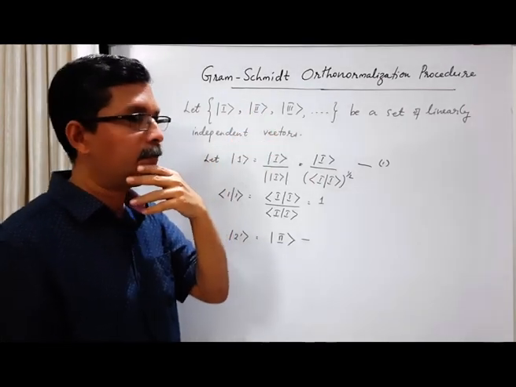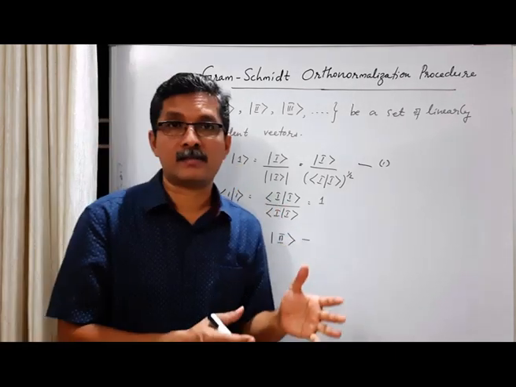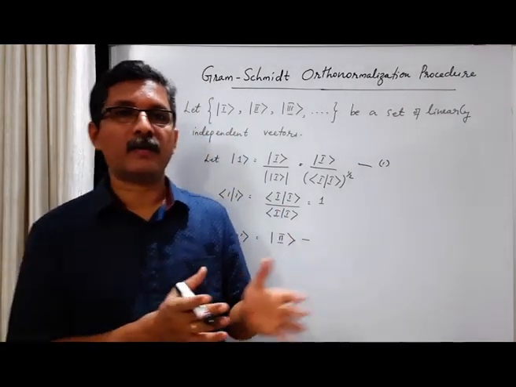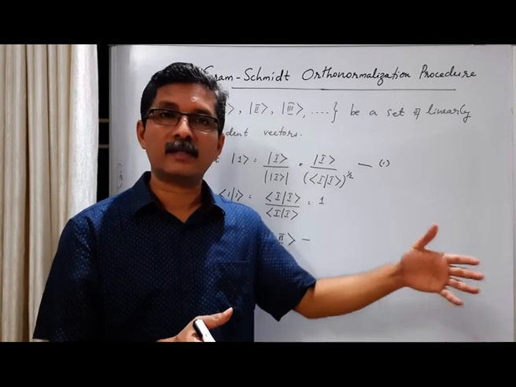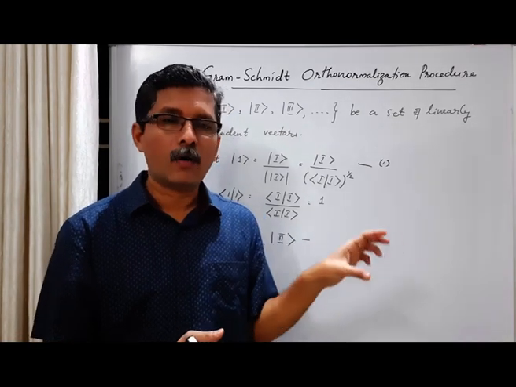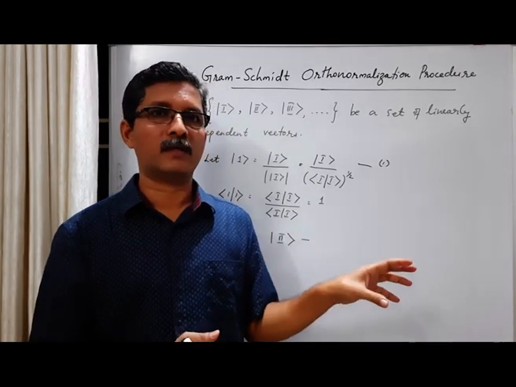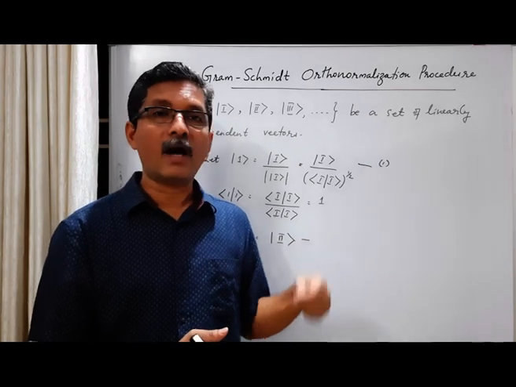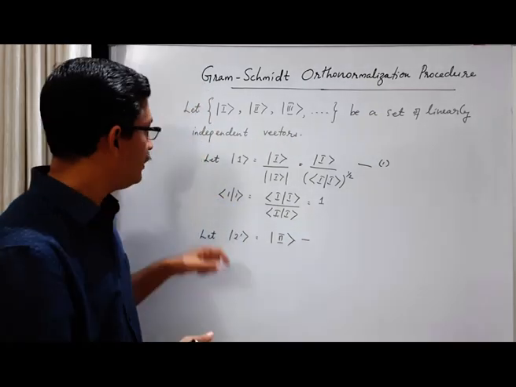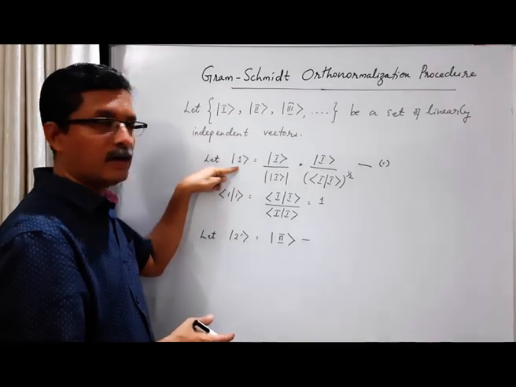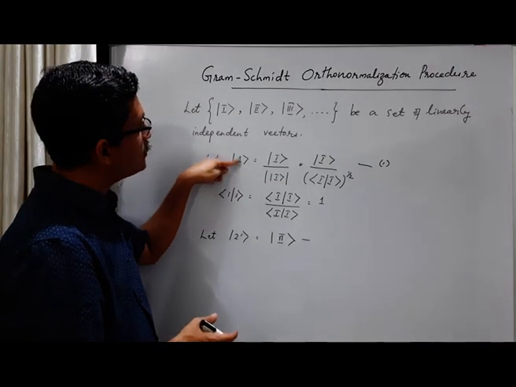Just like Ax, if we expand a general vector in three-dimensional space, you have Axi, Ayj, Azk. How do you get Ax? What is the component of a general vector along the x direction? You have to take i dot A. In the same way, here the unit vector is now this one, and you take the inner product of this with this one.